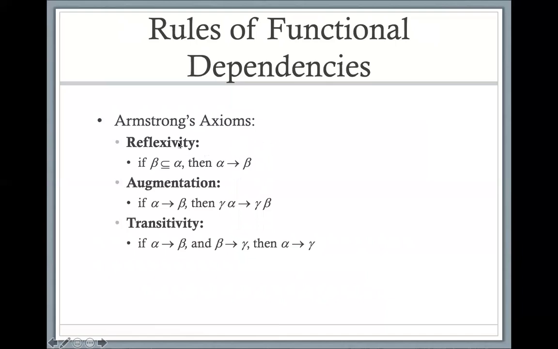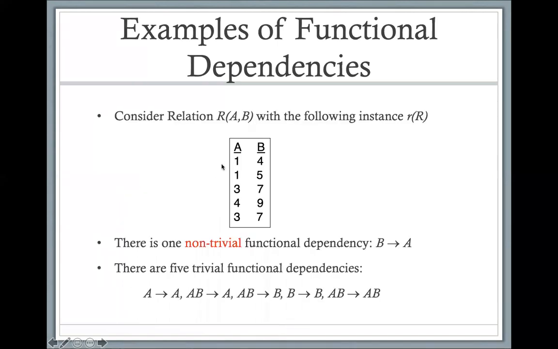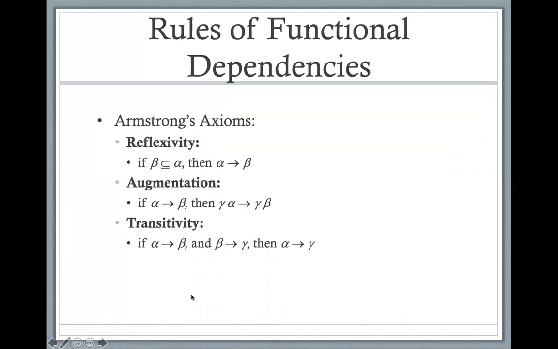First one is reflexivity. So if beta is a subset of alpha, then alpha determines beta. That's what comes from trivial functional dependency. We said if beta is a subset of alpha, then alpha determines beta, like we did here. AB determines A. A is a subset of AB, then A is determined by AB. Okay? So that's the first one.